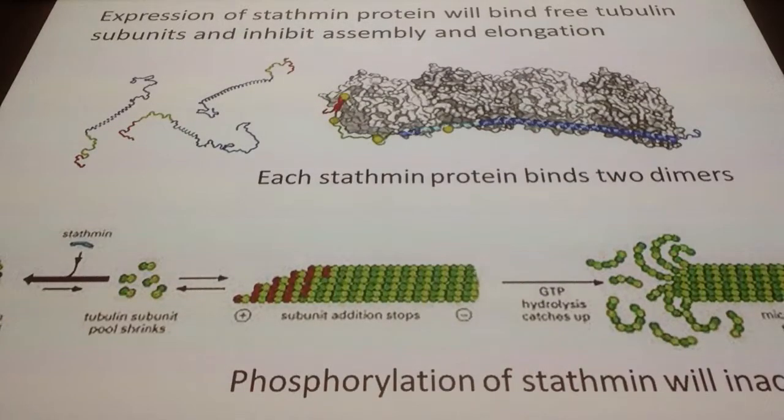So the comparison will be in terms of how much unphosphorylated Stathmin there is versus how much phosphorylated Stathmin there is. And if you have more unphosphorylated Stathmin, then no polymerization. If you have more phosphorylated Stathmin, then the alpha and beta tubulin are free to be used for polymerization.